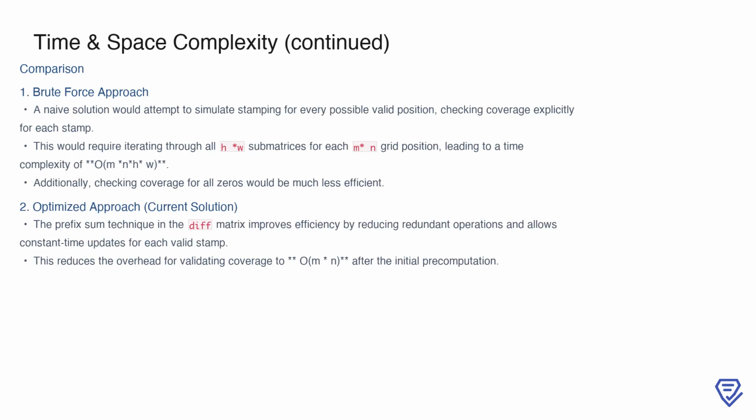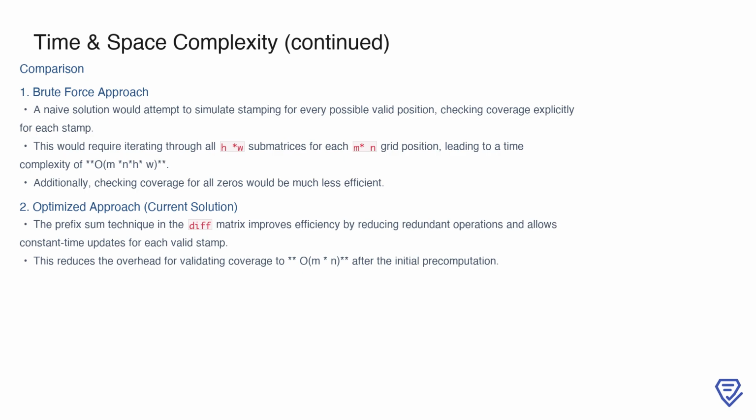To understand the efficiency of our approach, let's compare it to a brute force solution. In a naive implementation, we would simulate stamping at every possible position in the grid. For each position, we would explicitly check whether the h x w submatrix is valid and then verify coverage for all zeros in the grid. This approach would require iterating through all h x w submatrices for each position in the m x n grid, leading to a time complexity of O(m * n * h * w).